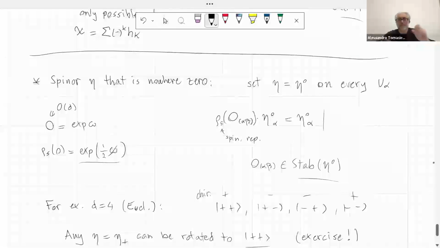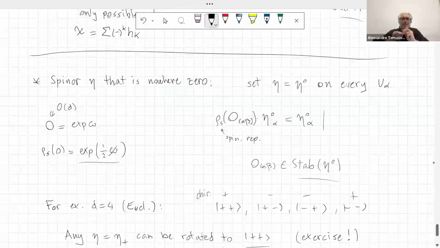If infinitesimally you leave something invariant, then at the finite level, if you expand this exponential, the first order will give 0 on eta 0, and then also all the other orders will do so. So the only part of this exponential that will remain will be the 1, the stupid part, and that will give eta 0 at the end.